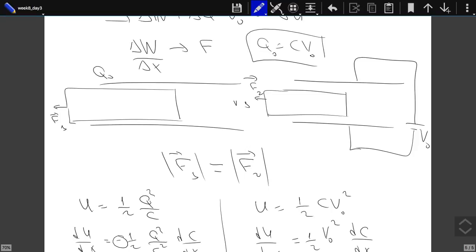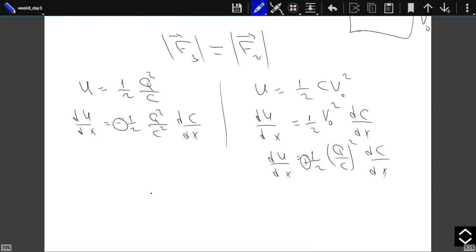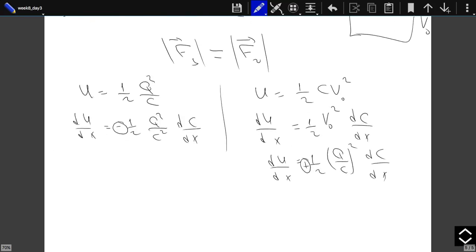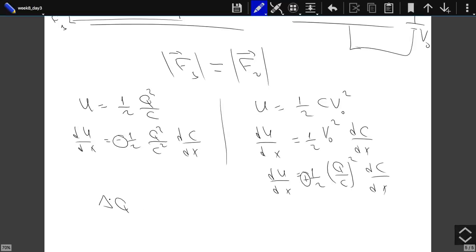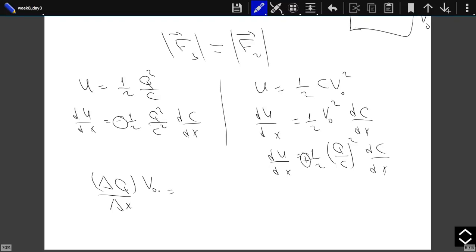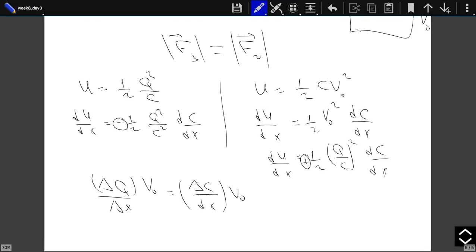Now, how to see that? Let's calculate this delta Q times V0, also divided by delta X. This is what we need to calculate the force. But this is equal to delta C by delta X times V0 squared.